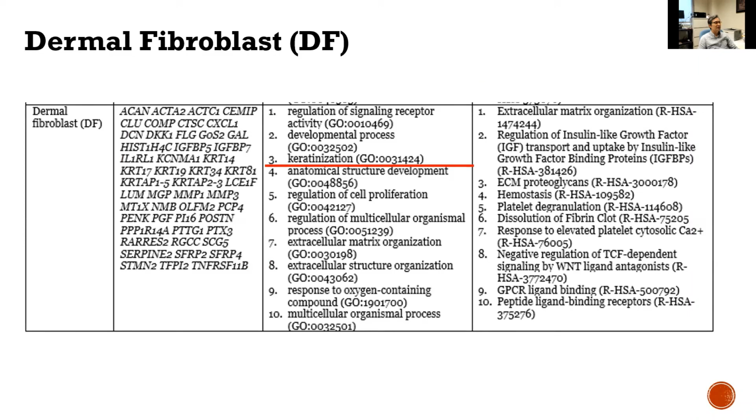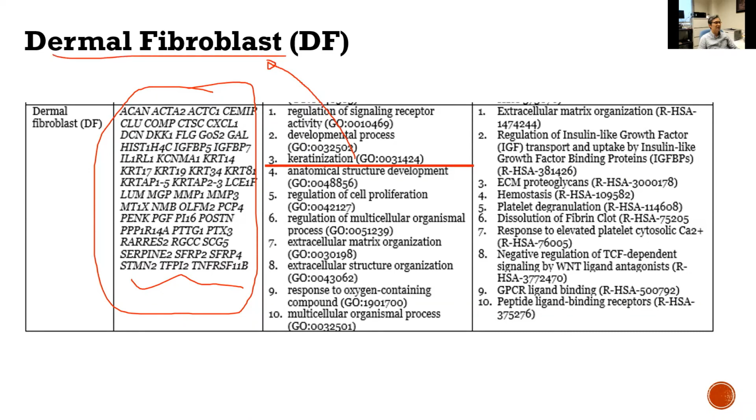This is gene enrichment analysis for dermofibroblasts. Again, there's a different set of highly variable genes, and there's a function enriched and associated with this set of genes. And we see a key term such as keratinization, which is specific to this dermofibroblast, and also directly reflects the function of that cell type.